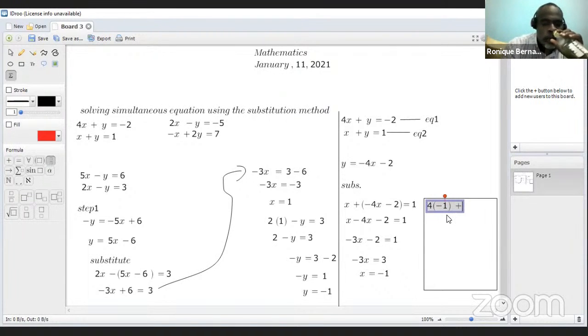Plus y is equal to negative 2. Now, this is negative 4 plus y is equal to negative 2. Good.